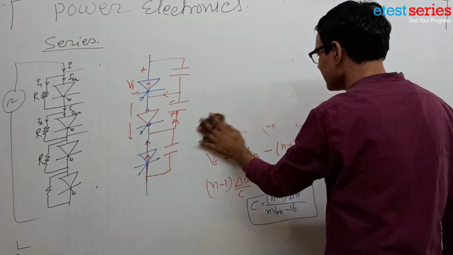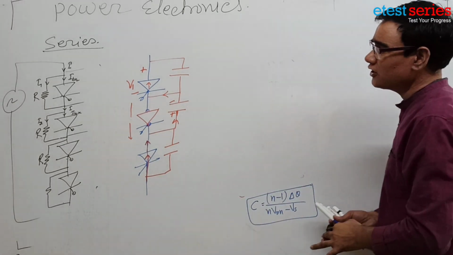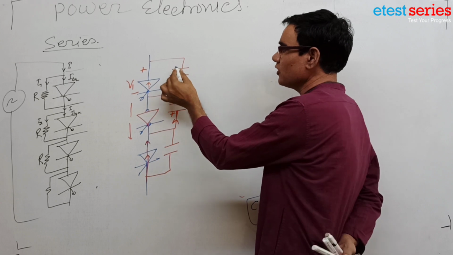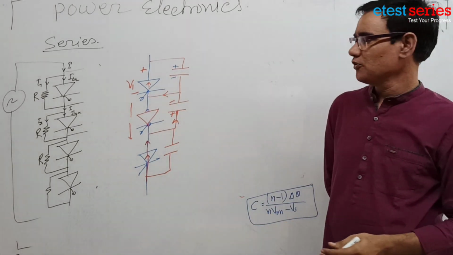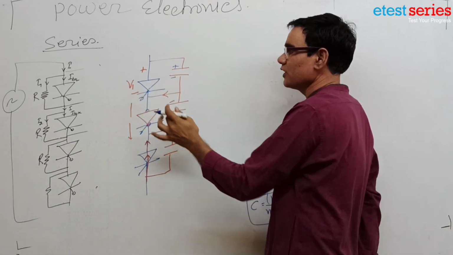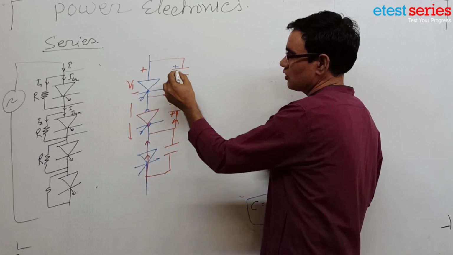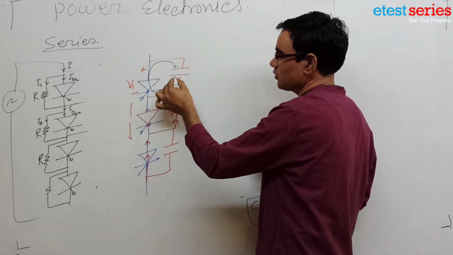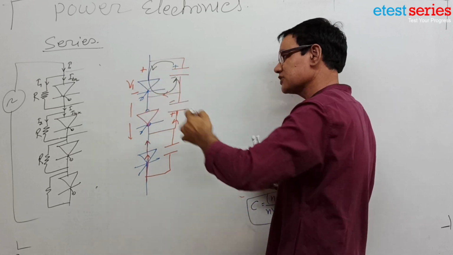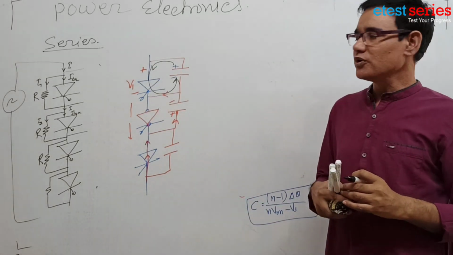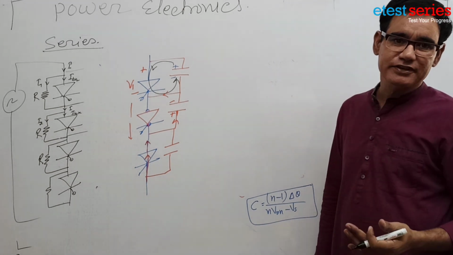When the SCR is then turned on, there is a circulating current, and that current is very high because there is no resistance in the path. So the SCR will get damaged.